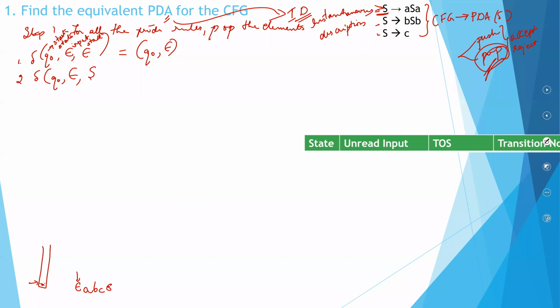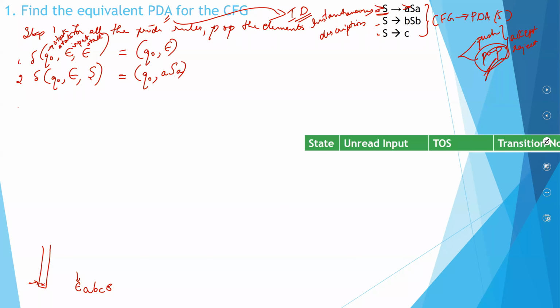I am encountering a symbol called S. For your production rules, you always encounter things on your left hand side. S equal to, you are not changing your state, Q0, comma, and you write whatever is on your right hand side, AS.